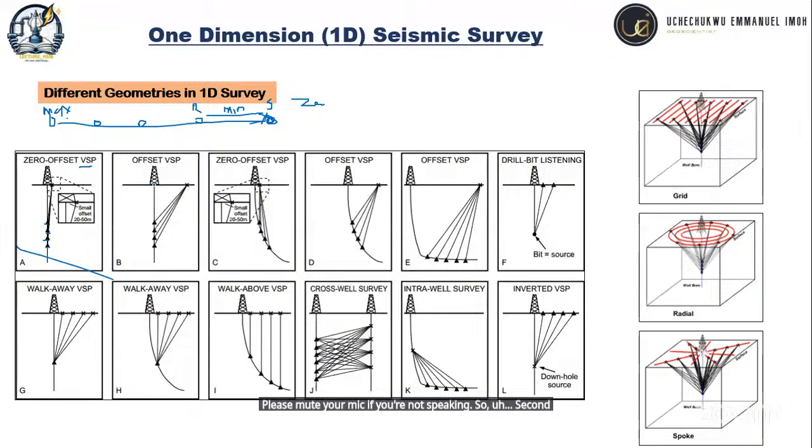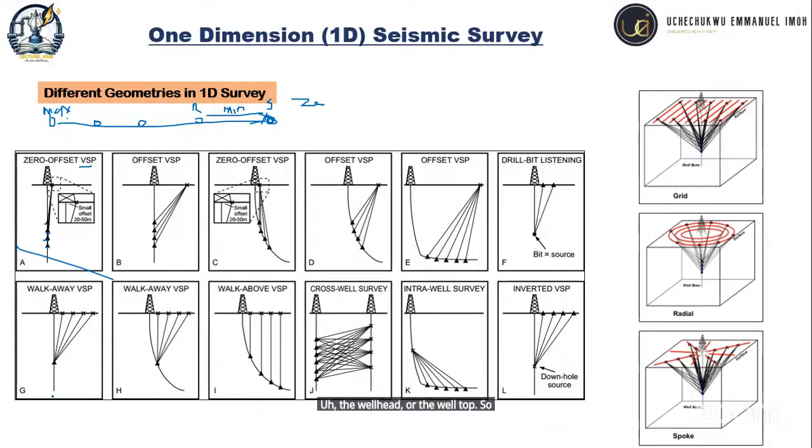Second, we have the offset VSP where the receivers and the source point is away from the wellhead or the well top.